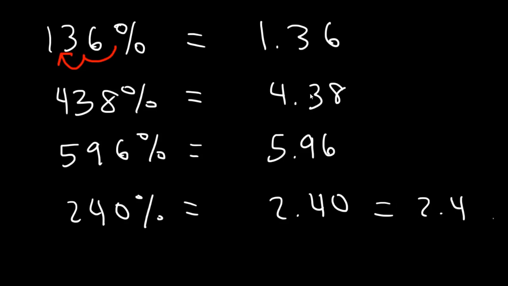Now in other cases, you may have a number that's less than 1. For example, let's say if you wanted to convert 0.15% into a decimal. You want to follow the same pattern. Move the decimal point 2 units to the left, or simply take a calculator, type in 0.15 and then divide it by 100.